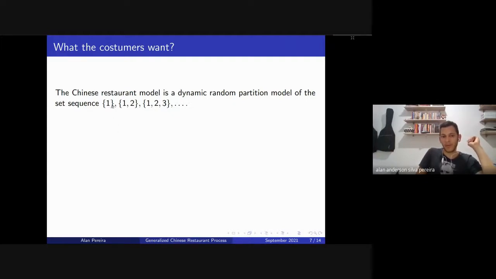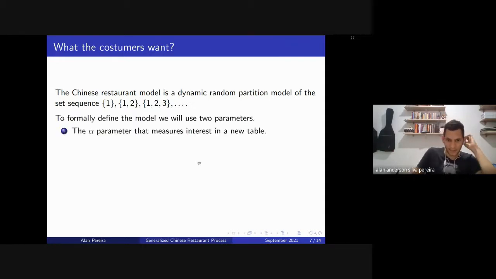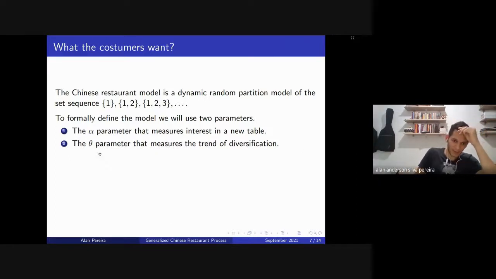So at time 1, we want to partition set 1. At time 2, we want to partition set 2. But we will have consistency in the partitions. First, we have the parameter alpha that looks at the measure of interest in a new table or a new company. And you have a parameter theta that measures the tendency toward diversification. Okay?